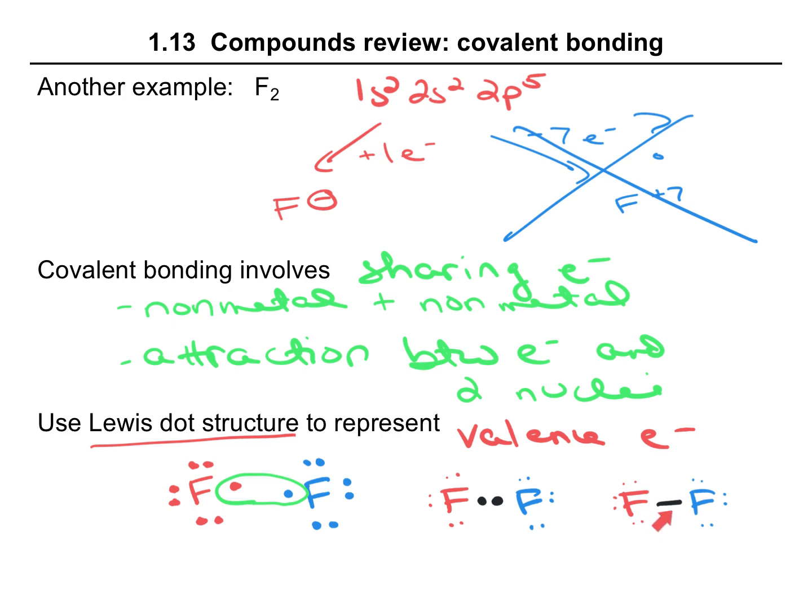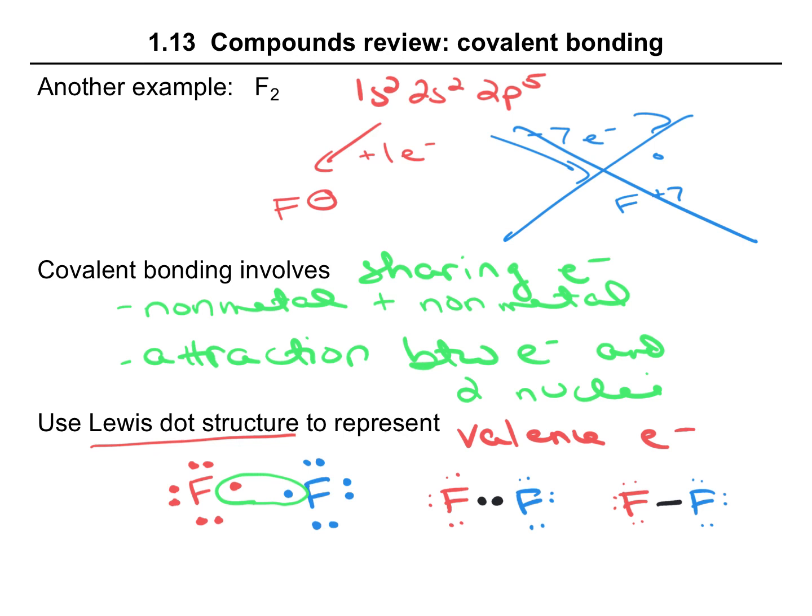But we use the line between the fluorine atoms because this line represents a pair of shared electrons. Also, in contrast to what we saw with sodium fluoride and other ionic compounds, rather than having a network of interactions, what we have is a specific bond, and therefore we have a distinct molecule of F2.